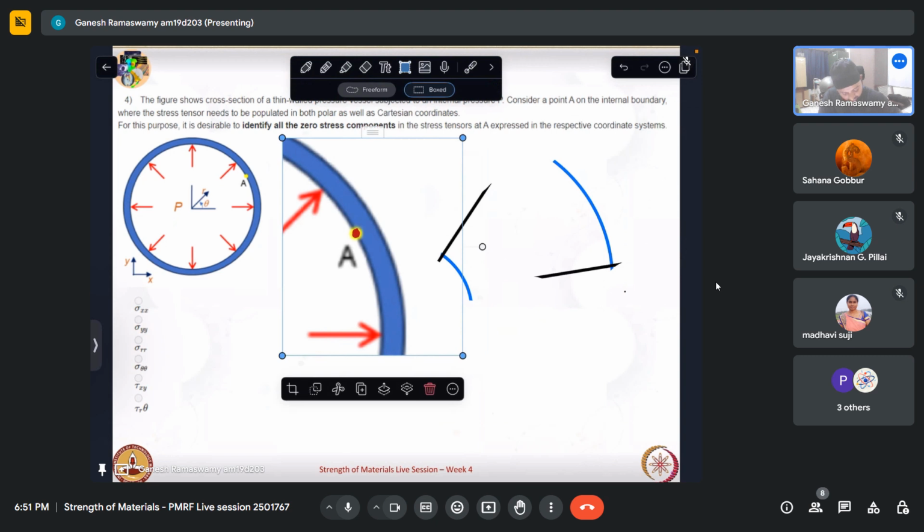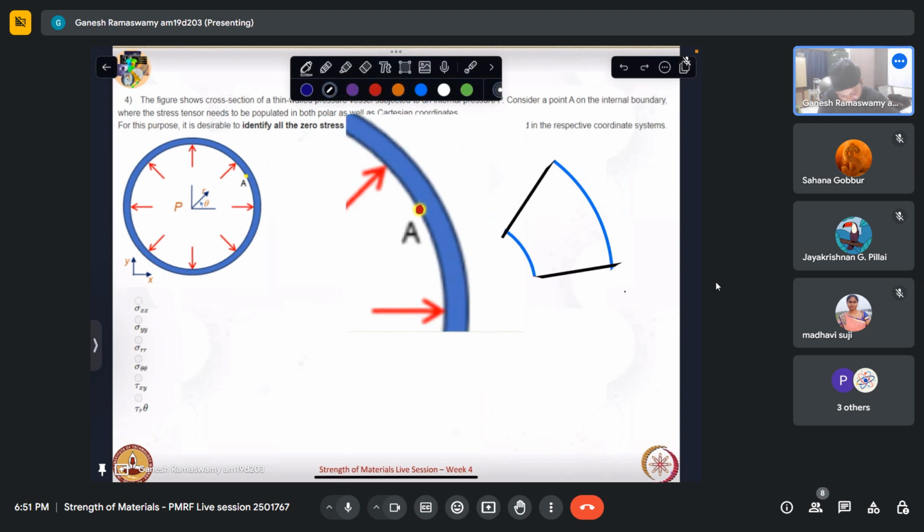Anyway, where this is sigma RR. Similarly, this is an equilibrium, so this will also be sigma RR. Then I have sigma theta theta. I have sigma theta theta.